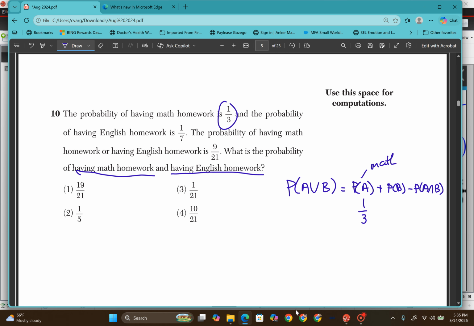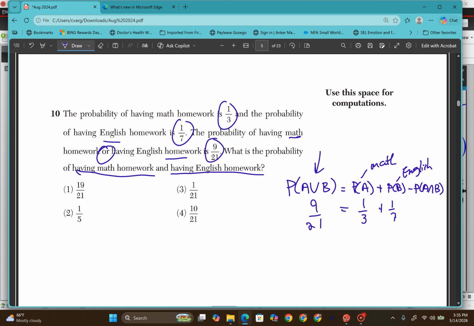And the probability of having English homework is 1/7, so this is plus 1/7, and this represents English. And then it says the probability of having math homework or English homework is 9 out of 21. That's the or, so that number goes here.